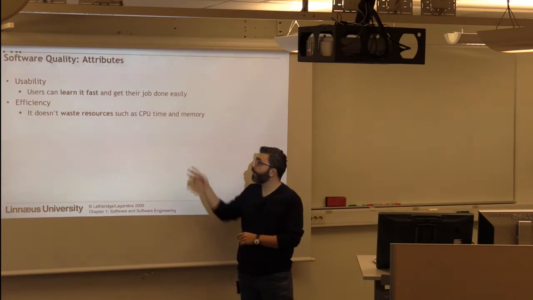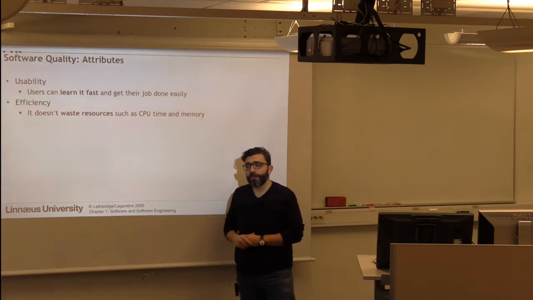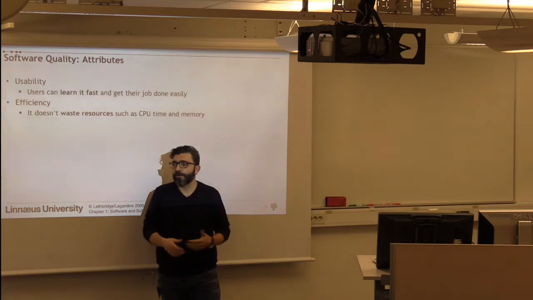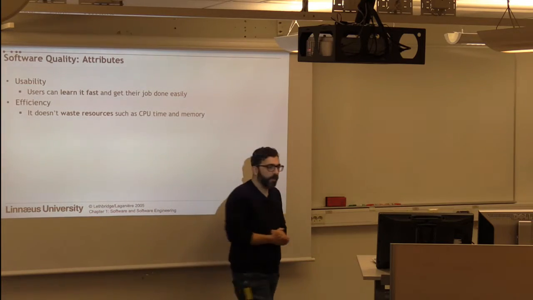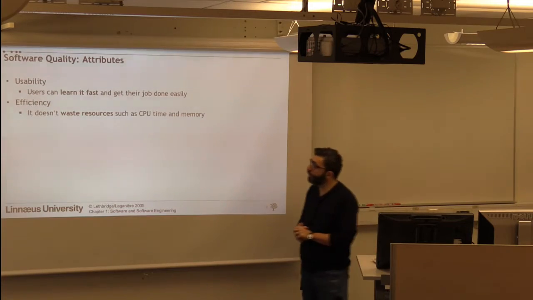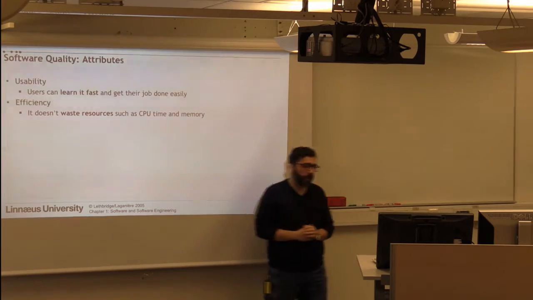I mean, if you need 16 gigabytes of RAM to run your software, then you need to buy machines that are able to run this software. Then we must take this efficiency into account.